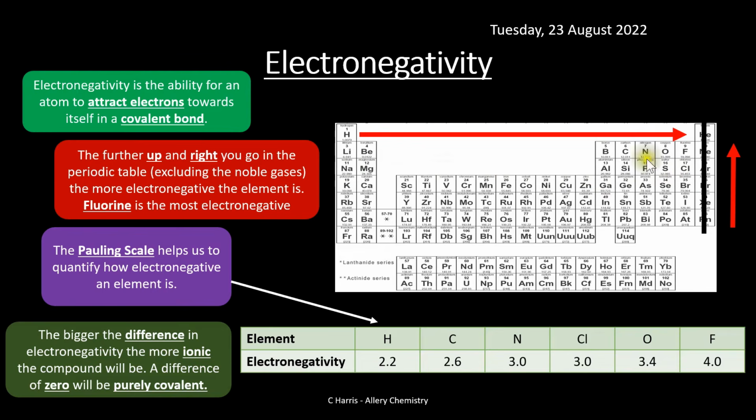But if we look at something such as carbon and hydrogen, which you can see is 2.2 and 2.6, the difference in electronegativity between them is not as great. So they're more likely to be covalent. And obviously anything which has no difference in electronegativity will be purely covalent. So there'll be no ionic characteristics.